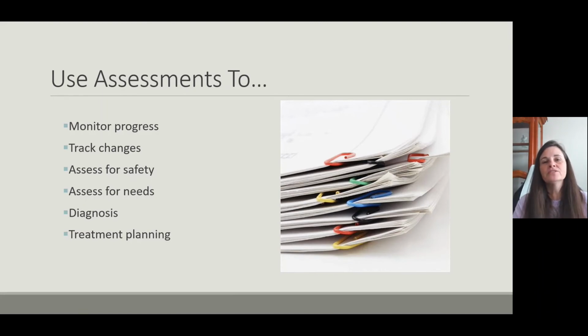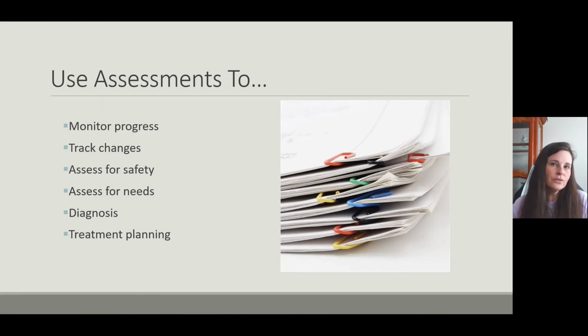And then you can use those assessments in treatment planning. How are you going to create goals? How are you going to come up with interventions that will help you meet those goals and have that success and change?